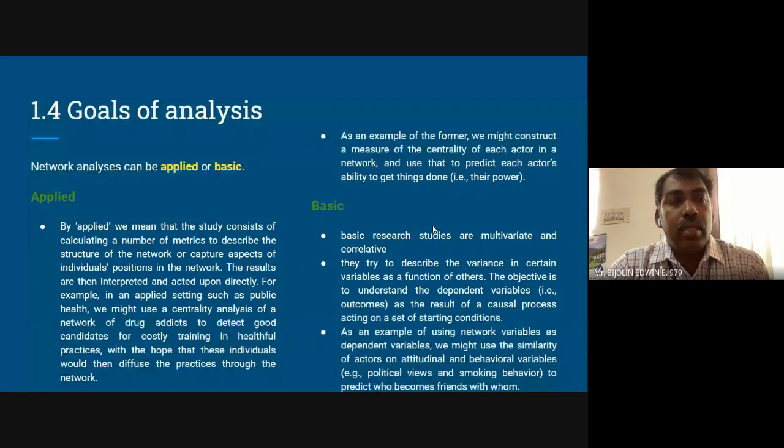Next, based on the goals of analysis, we have two different aspects. One is applied, and the other is basic. In applied goal of analysis, we calculate based on some metrics, so that we can describe different individuals based on their positions in the network.